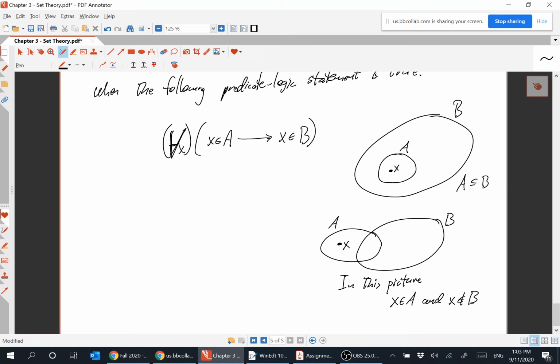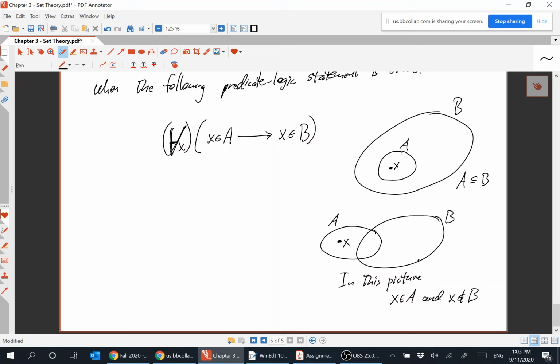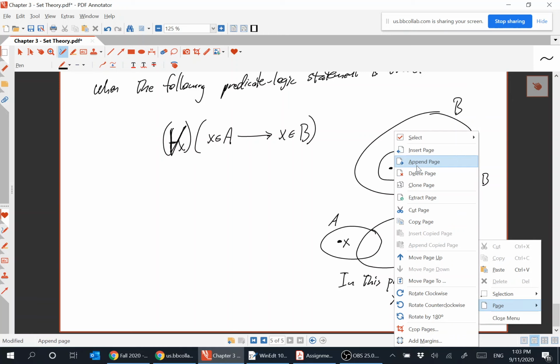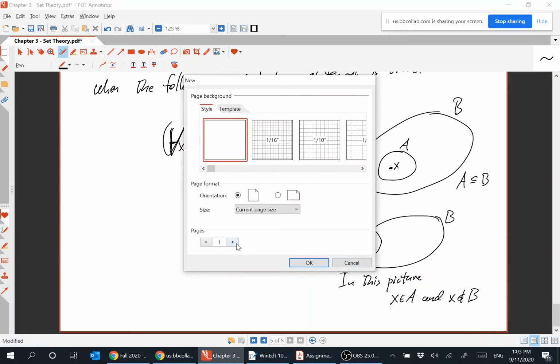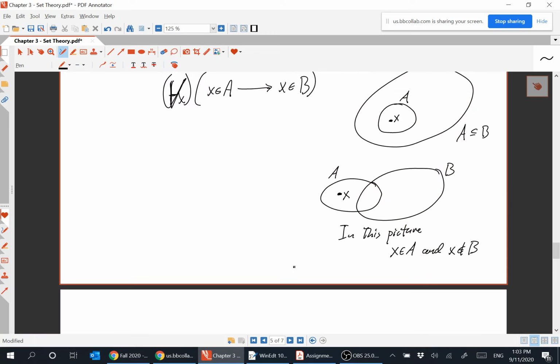When is an implication false? When the hypothesis is true and the conclusion is false. That's exactly what I'm depicting here.